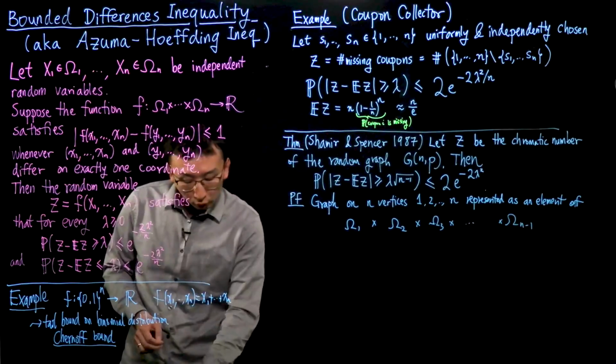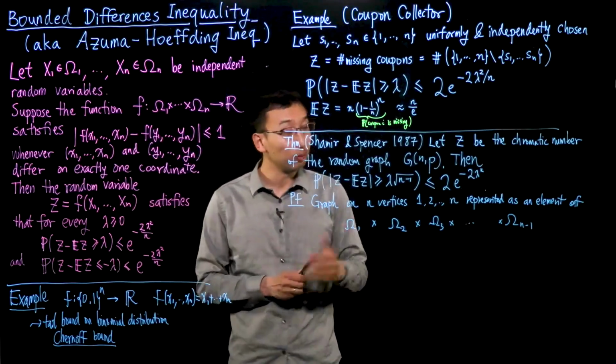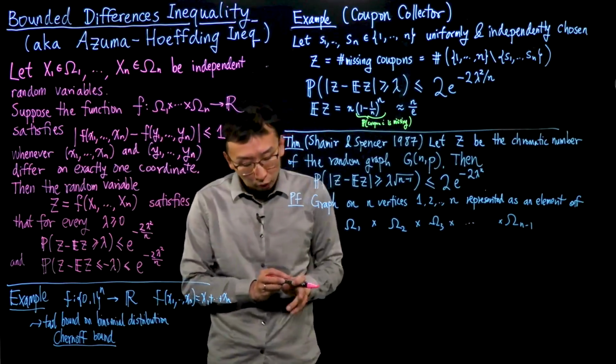And how we're going to encode the graph using an element of this product set is as follows.